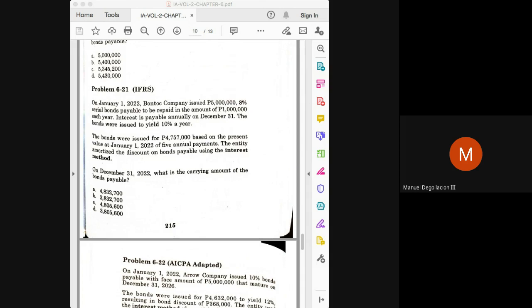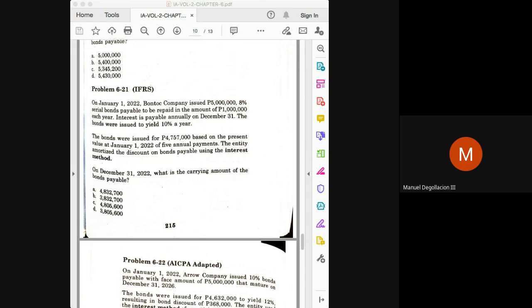Okay, so you get the difference: 1,400,000 and then deduct 475,700. That means the balance of the note or the balance of the bond will be reduced by 924,300 by virtue of the 1,400,000 we are paying.